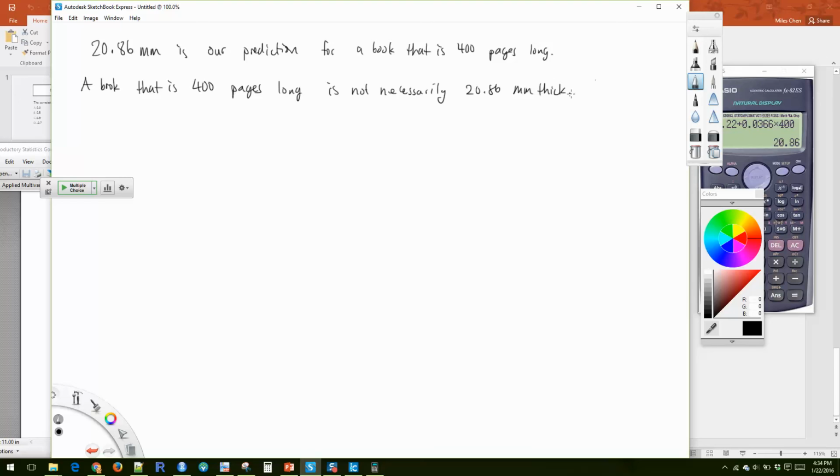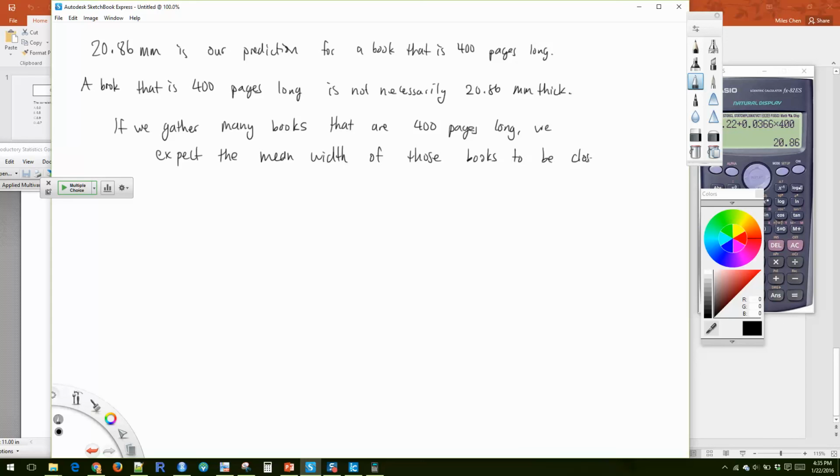But if we gathered a whole bunch of books that are 400 pages long, not 400 books, but many books that are 400 pages long, we expect the mean width of those books to be close to 20.86.